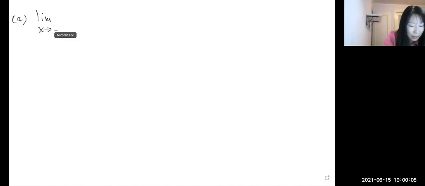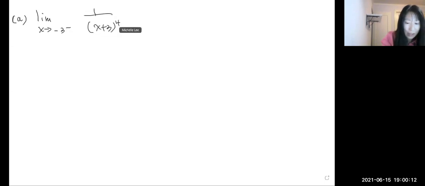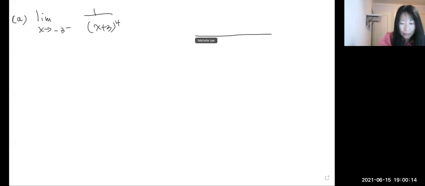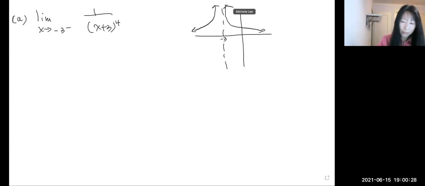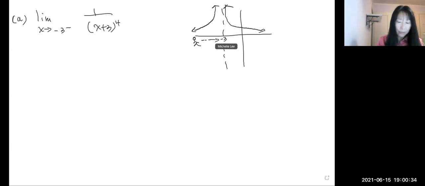X approach to that. All right. So this one, we have vertical asymptote when x equal to -3, right? And then this is even power. So the graph looks like that, right? Then we have -3 and approach to -3 from the left.